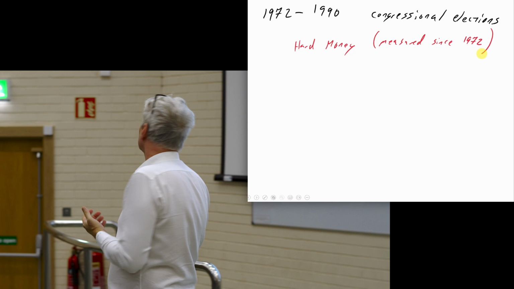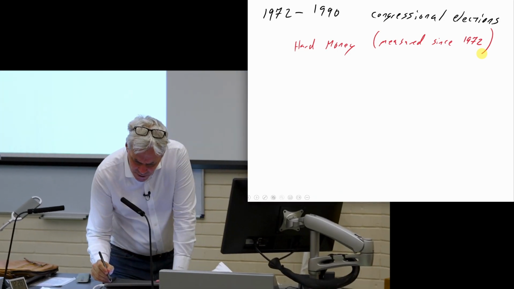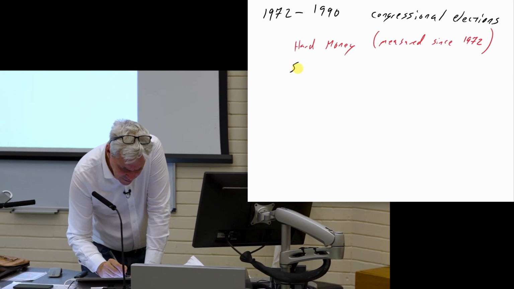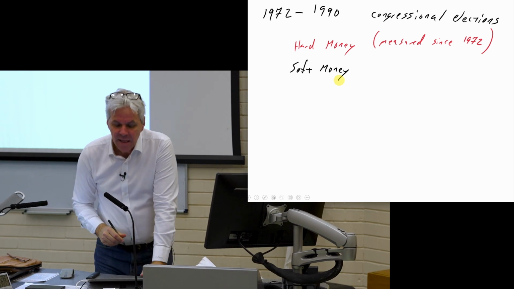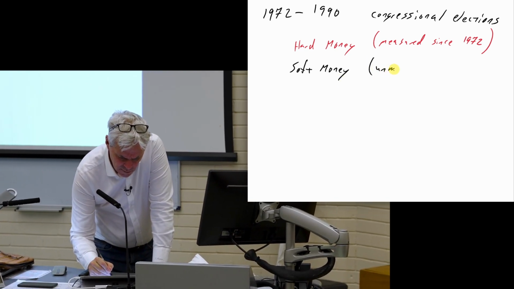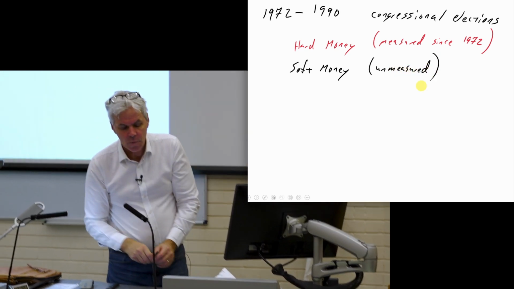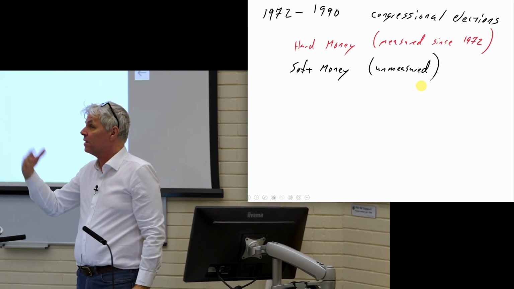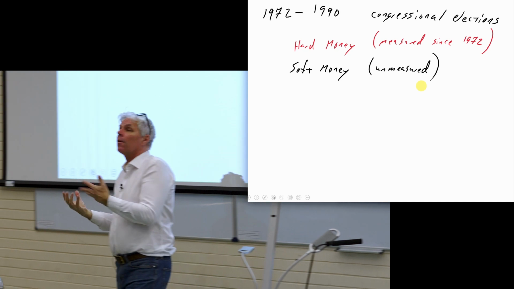Okay? There is also, as you might imagine, because we love to name money, something called soft money. At the beginning, when the legislation first came in, I think in the 70s, people were still figuring out how that worked.